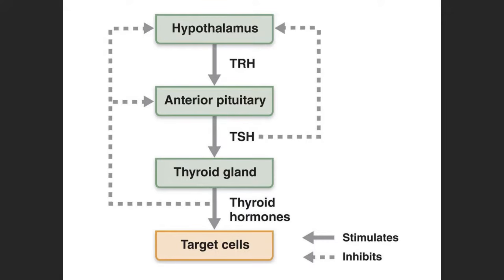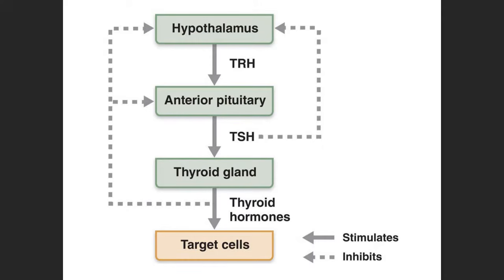Now, there's a negative feedback pathway attached to thyroxine and TSH. When enough thyroid hormones have been released into the circulatory system, they start connecting to the receptor sites on the anterior pituitary and the hypothalamus, and that triggers those structures to turn off their hormones. So the hypothalamus will turn off TRH, and the anterior pituitary will turn off thyroid stimulating hormone.